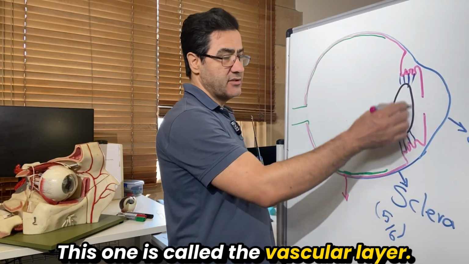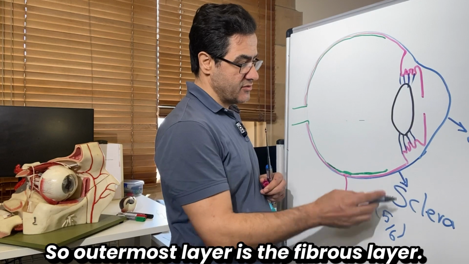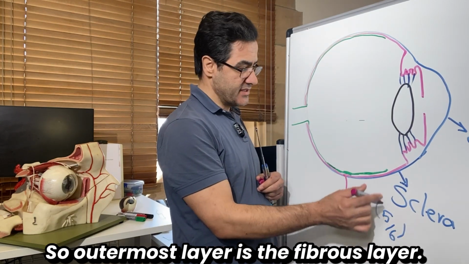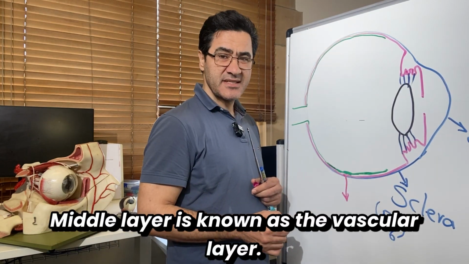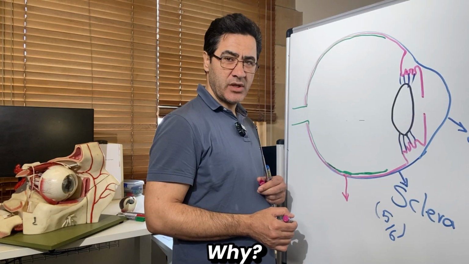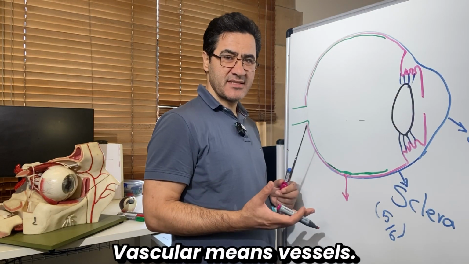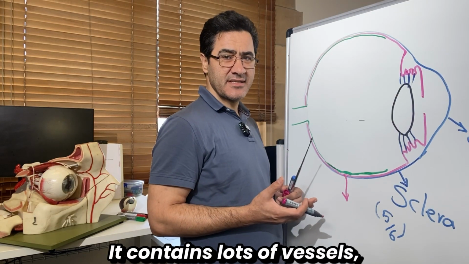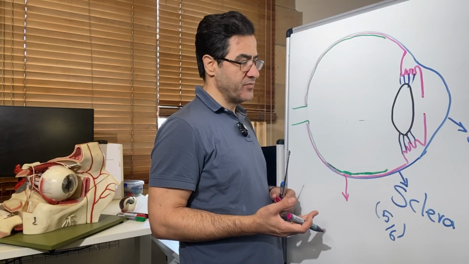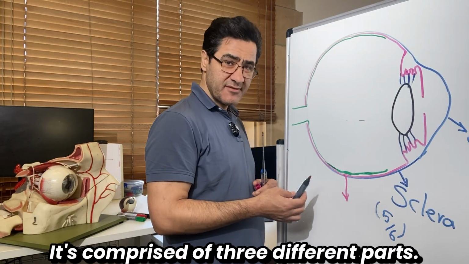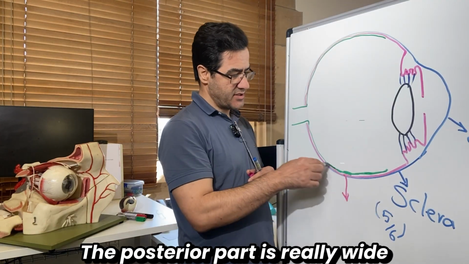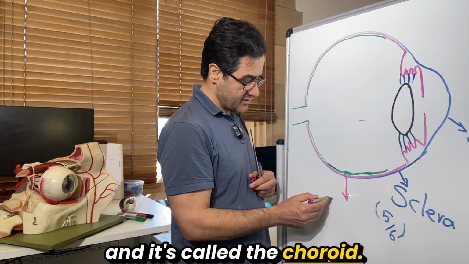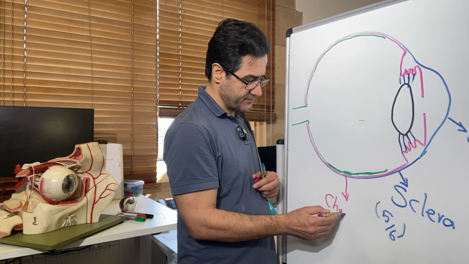The middle layer that is represented in pink is called the vascular layer. So the outermost layer is the fibrous layer. The middle layer is known as the vascular layer. Why? Vascular means vessels. It contains lots of vessels, arteries and veins. And it's comprised of three different parts. The posterior part is really wide, and it's called the choroid.